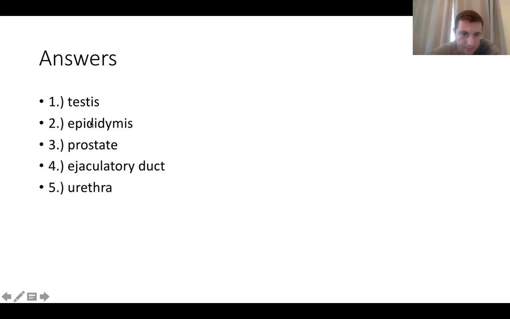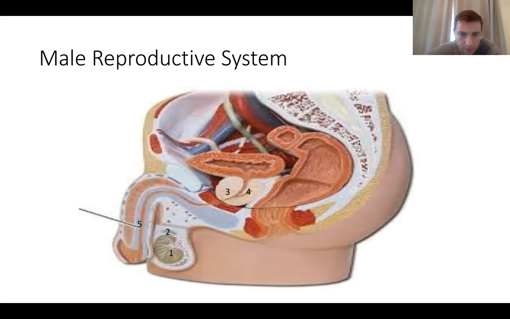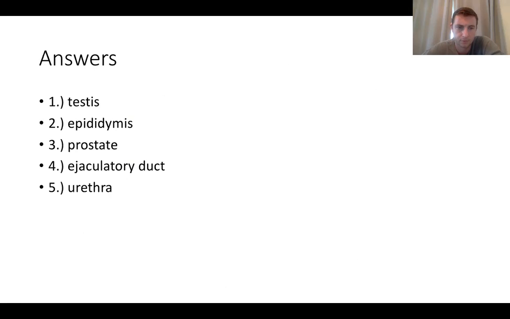These are the answers. So testes, epididymis, prostate, ejaculatory duct, and urethra. So yeah, that's pretty much it for the male reproductive system.